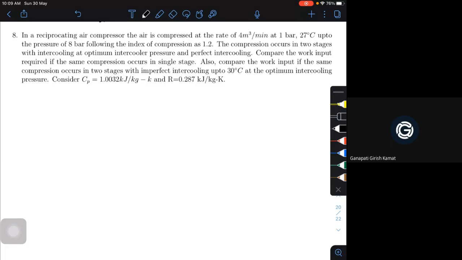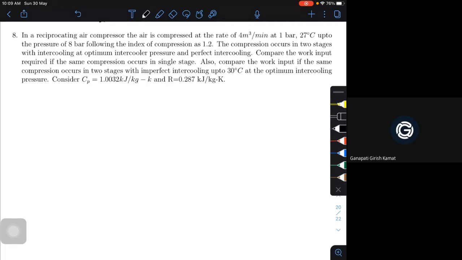And the second thing is what will happen if I do the same thing using a single stage. Now the third thing is what will happen if I go for a multi-staging without intercooling.